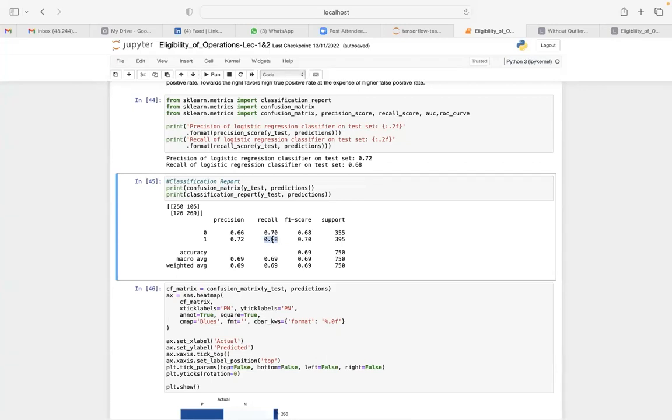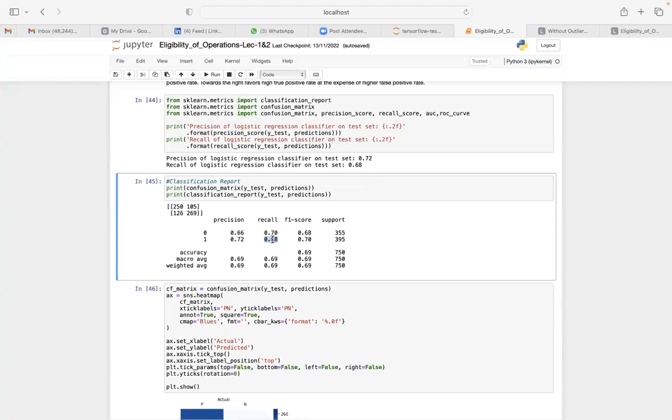Okay. And right now, what it says is 68% of the times, if a patient was eligible for operation, our model says that they were eligible for operation. Okay. And in terms of F1 score, it's an amalgamation of precision and recall. So it is basically a harmonic mean of precision and recall. Okay.